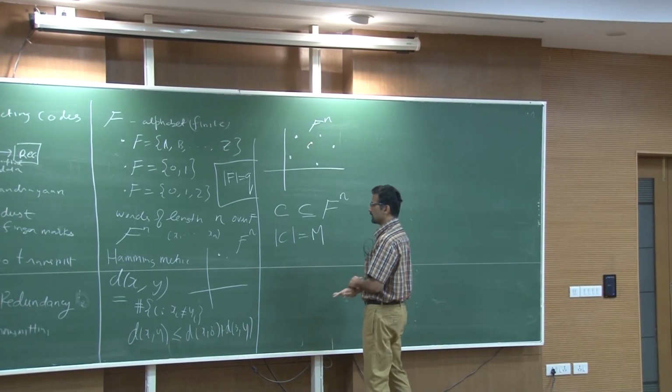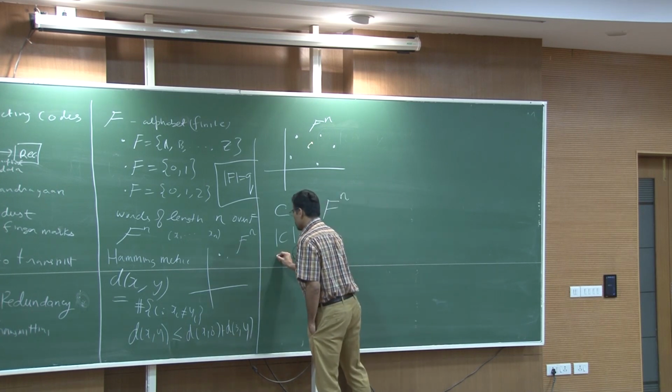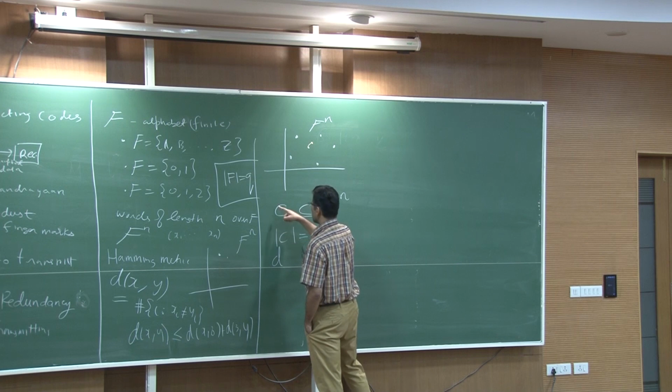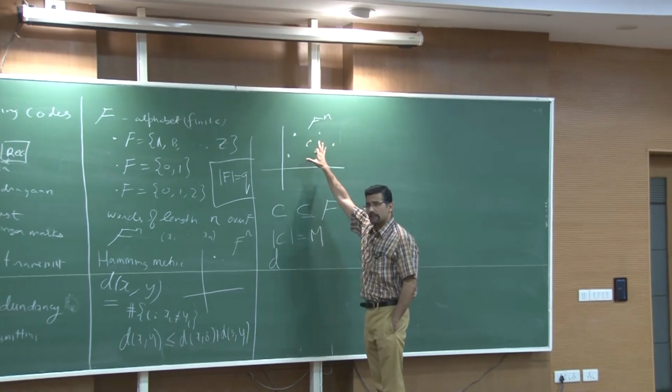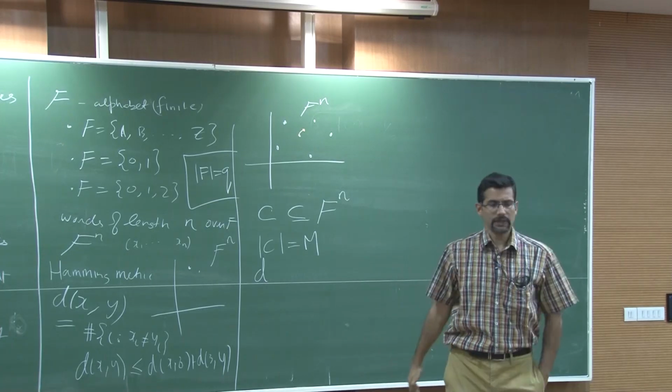So here is the idea. Let us define, for this subset C, so if you have a metric space and a subset, it becomes a metric space in its own right.